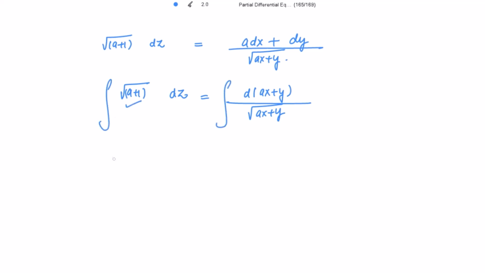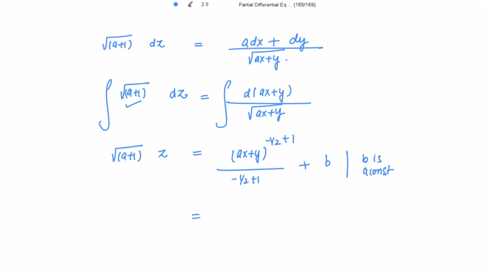This is constant, so square root of a plus 1 times z equals, integrating with respect to ax plus y, ax plus y to the power minus 1/2 plus 1 divided by minus 1/2 plus 1, plus the constant b, where b is a constant.